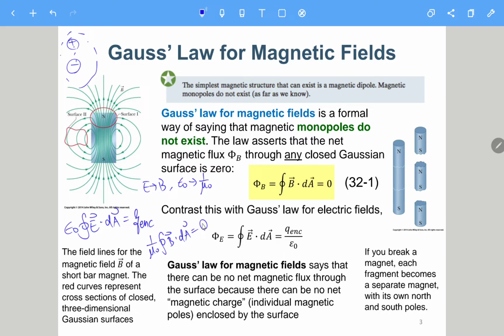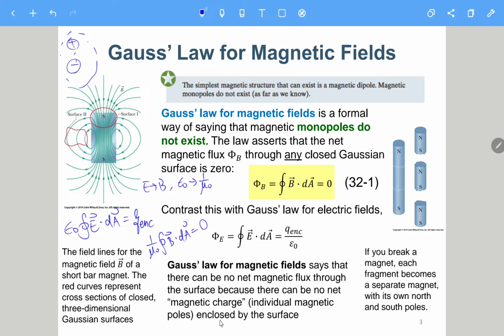But this is already 0, so if you multiply mu naught on both sides, it still holds. So finally it becomes like this, and we don't have the mu naught on the left side. This is what we have seen in chapter 33. So the Gauss law for magnetic field says that there can be no net magnetic flux through the surface because there can be no net magnetic charges, magnetic charges in quotation marks.